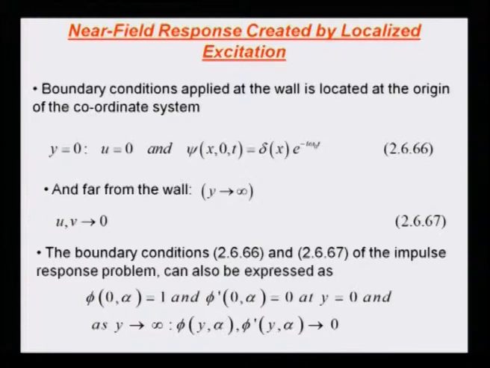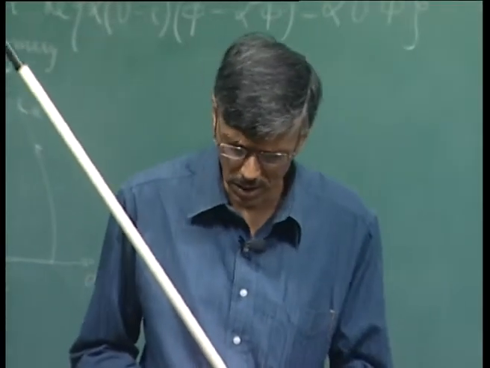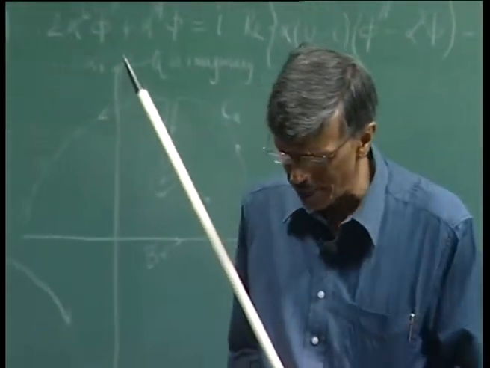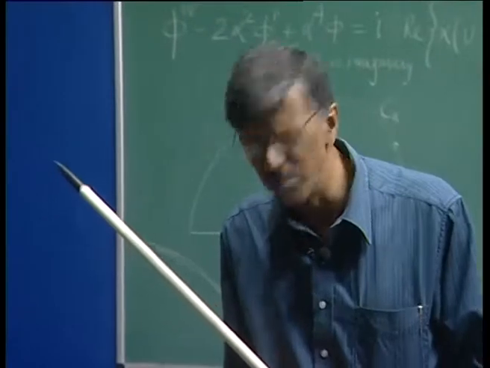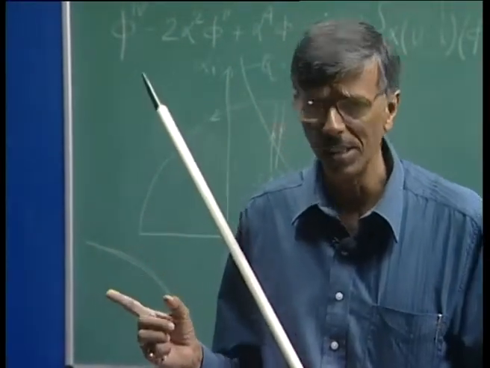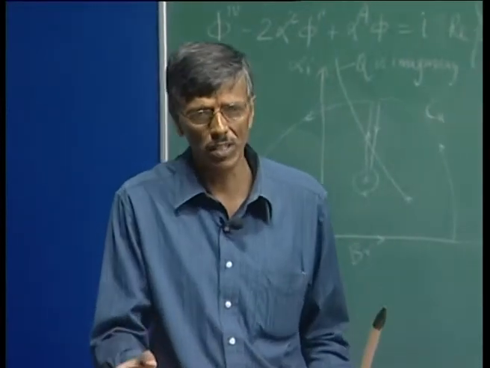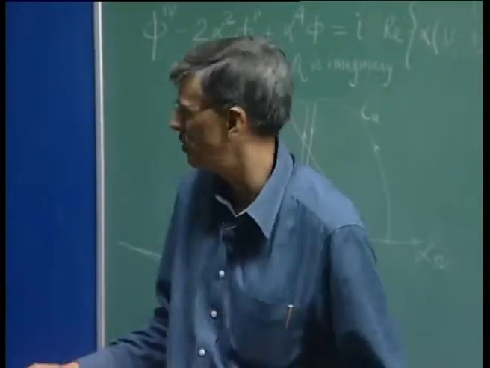We are trying to find out the contribution coming for the disturbance field from phi when alpha goes to infinity. That would give me the near field response. That is the reason we are calling this contribution the near field response, because we are trying to compute the contribution coming from alpha going to infinity.